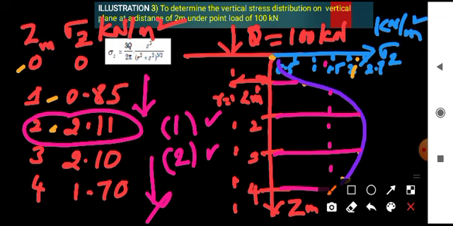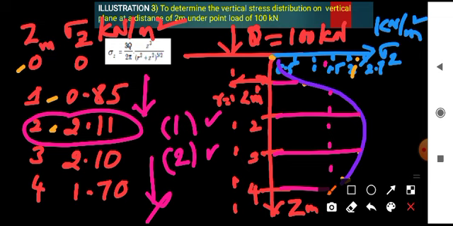So we have discussed the construction of the isobar, the construction of the pressure distribution diagram on a horizontal plane, as well as the construction of the vertical stress distribution diagram on a vertical plane. In the exam it may be asked to plot an isobar of given intensity, or to draw the vertical stress distribution diagram on a horizontal plane or on a vertical plane.